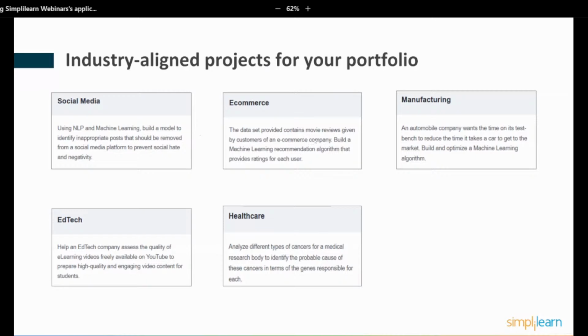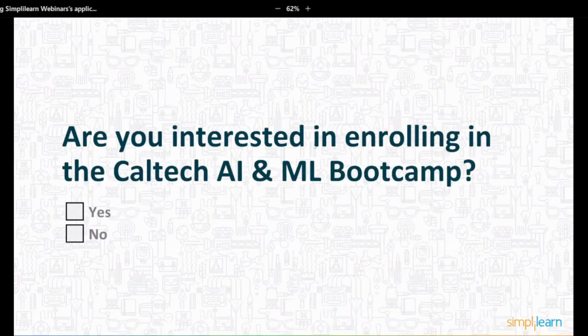So again, this is how you build up a portfolio that you can then show off and say, I have done this work. I have hands-on experience in AI and machine learning. Confidence that I can do it for you as my employer.